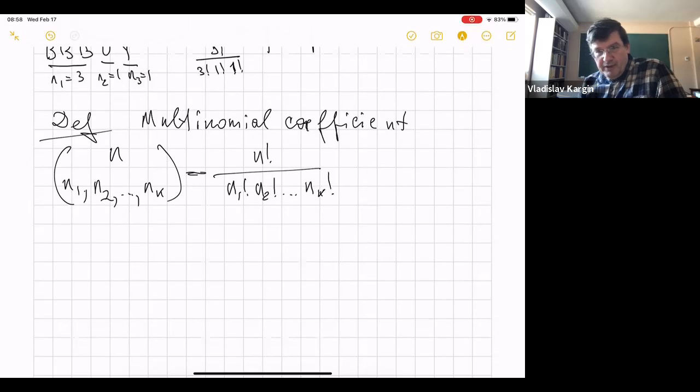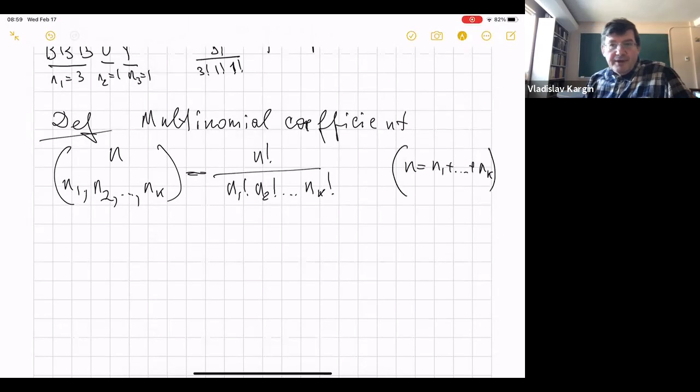Again, a reminder that n factorial means the product of all the numbers from n down: n times n minus 1 times n minus 2, until 1. Here we have division, and here it is assumed that n is equal to n1 plus so on plus nk.